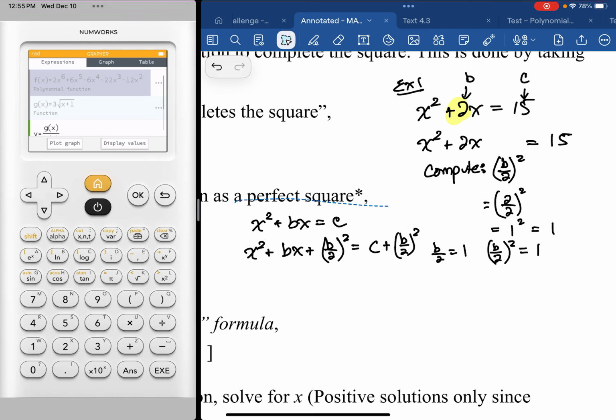That's the whole point behind this. So this ends up being x plus b over 2 squared is equal to all of this stuff.